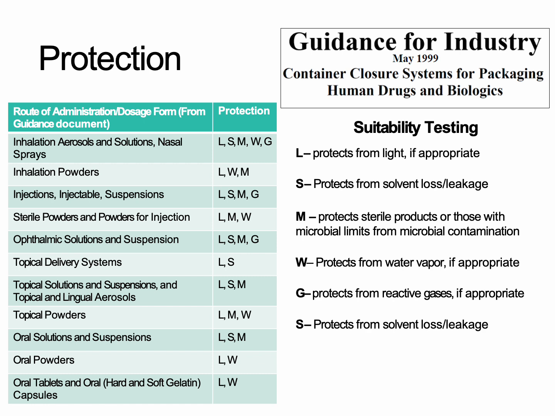So we understand that this is a guidance for industry. If you look into the table on the left side, if your pharmaceutical product is one of these products, or it's using a route of administration as we can see on the left side of the table, then you have to look into the protection that is required and come up with the results of the suitability testing that have been performed, and then you add them into module 3, P7, sorry, that we already looked at in the CTD format.